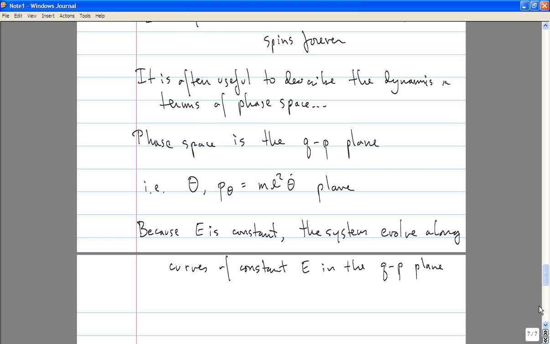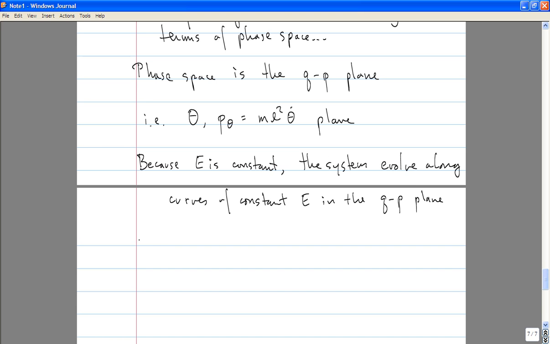So, for example, for the pendulum, the energy is the sum of the kinetic energy 1/2 ml squared theta dot squared and the potential energy minus mgl cosine theta, or in terms of the momentum p theta, that would be 1/2 ml squared p theta squared minus mgl cosine theta.